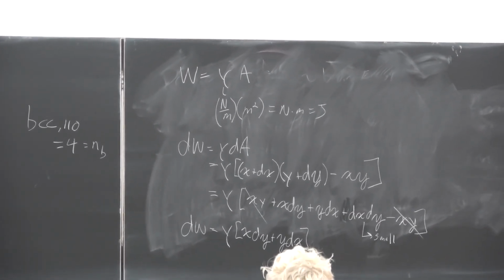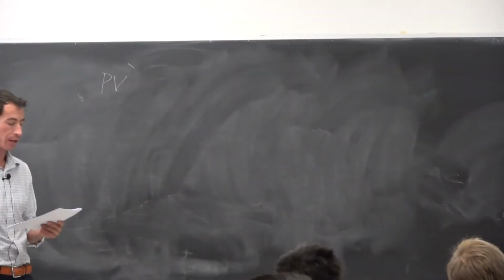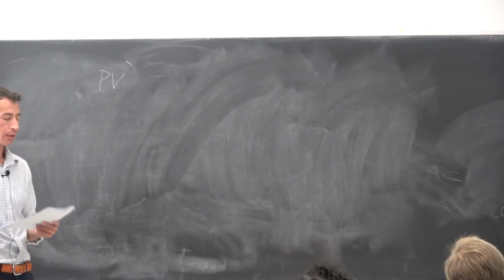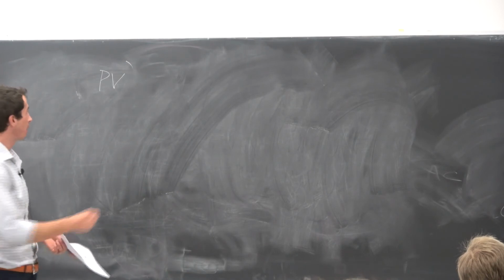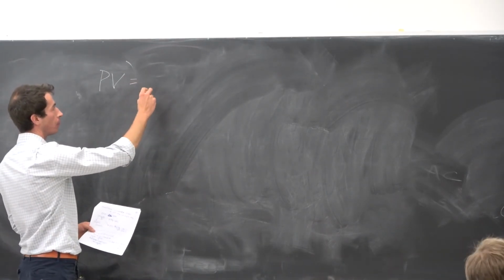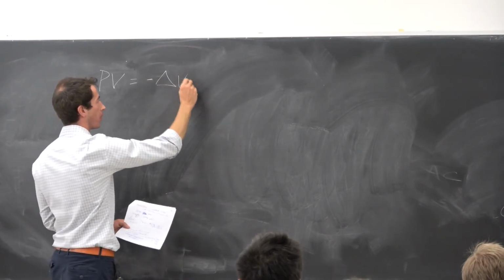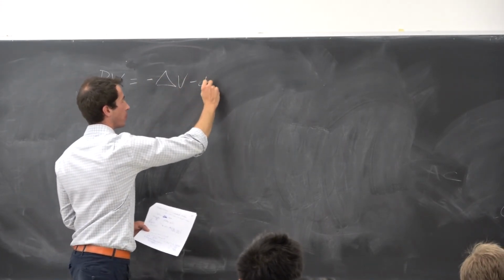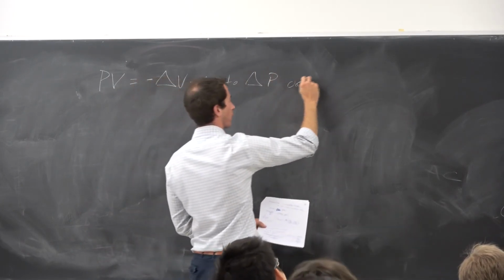And we can go back to thinking about pressure and volume being a similar kind of work, right? And being responsible for these changes, right? We're saying that the change in volume is due to change in pressure, or vice versa.